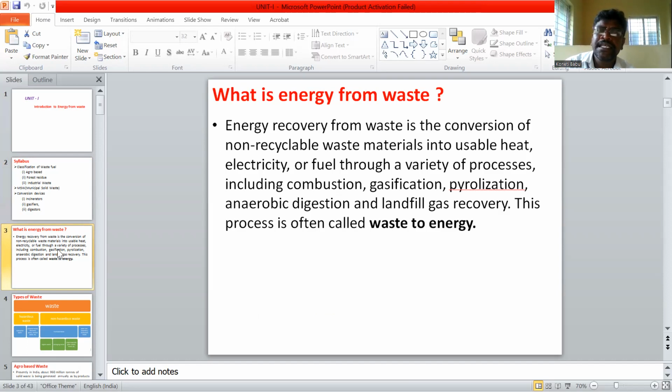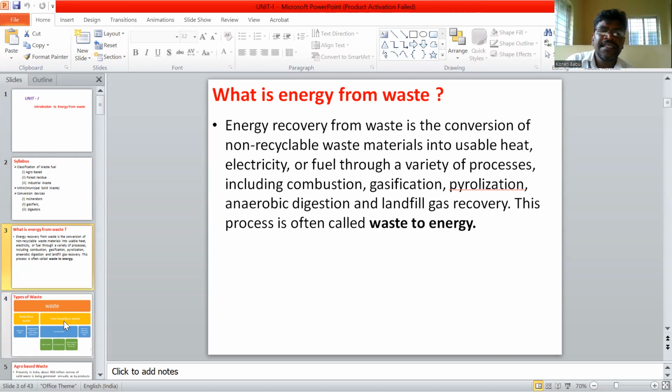This energy recovery from waste is the conversion of non-recyclable, non-combustible waste material into usable energy, such as heat, electricity, or fuel, through a variety of processes, including combustion systems, gasification, pyrolysis, anaerobic digestion, and landfill gas recovery systems. So this entire process is nothing but waste to energy conversion, generation of energy from waste.